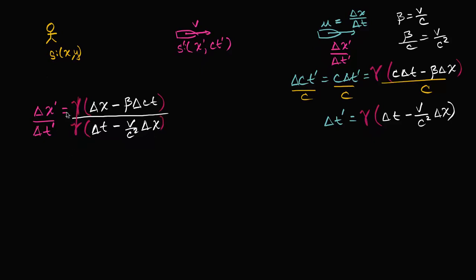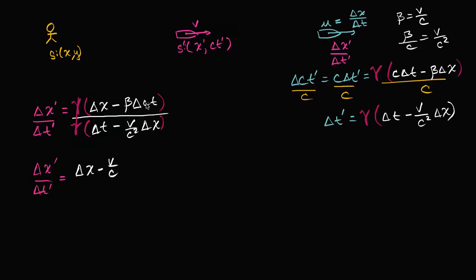And so we can write this as our change in x prime over change in t prime is equal to, in the numerator, we have change in x minus beta, and actually, let me just write out what beta is: v over c. And actually, let me take the c out.